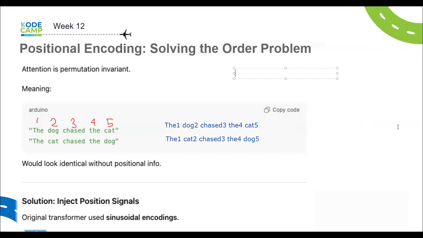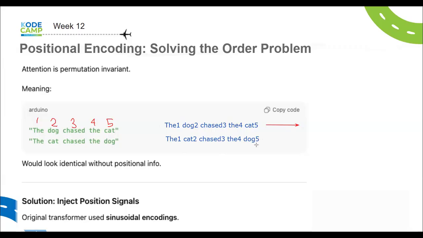The positional encoding has basically slightly changed the meaning so that this is slightly a different meaning from the other one, because now we are including the positional information. So this will not now be identical because these are not identical anymore. This is dog in position 2 versus this one that is dog in position 5.